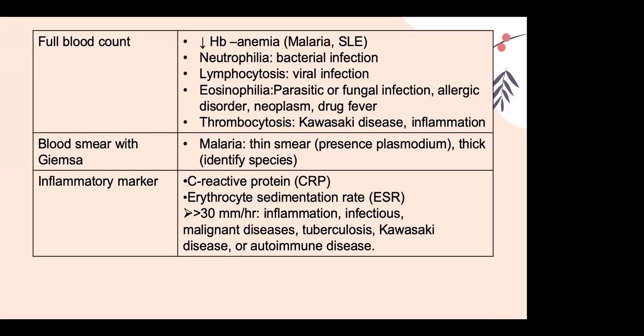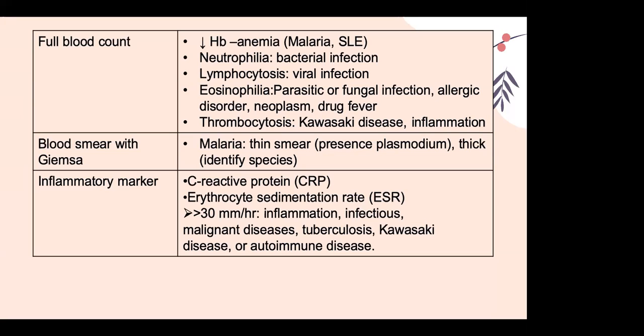Blood smear with Giemsa if you suspect malaria. However, on this slide there is a correction, because for malaria, when we do thin smear, we want to know the species of plasmodium that causes malaria.